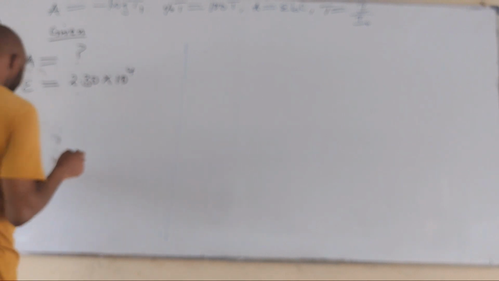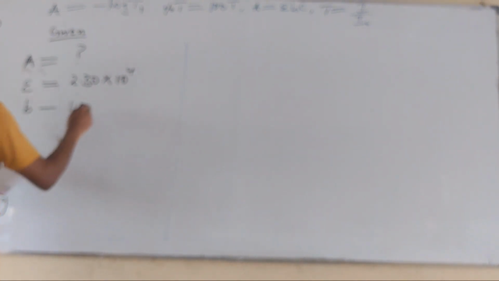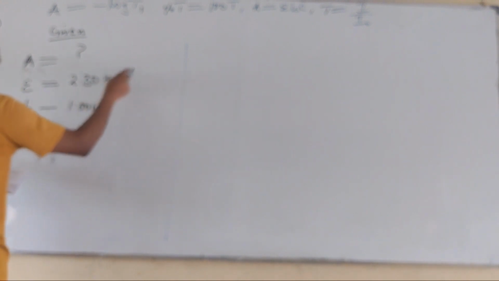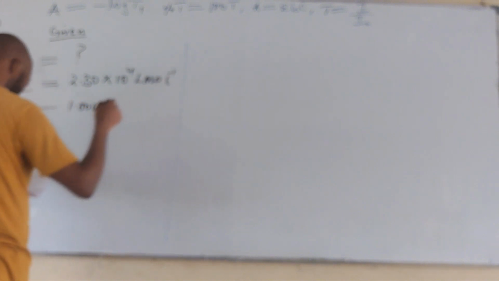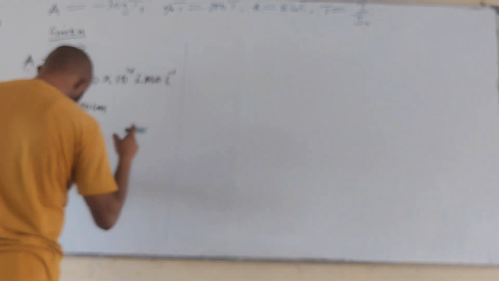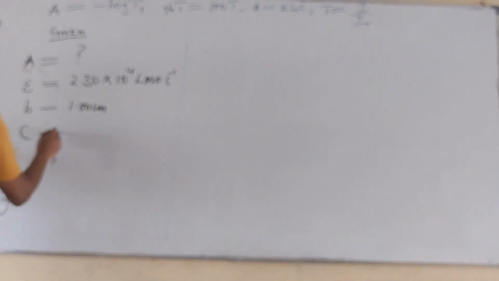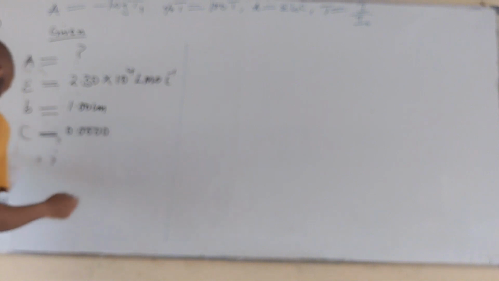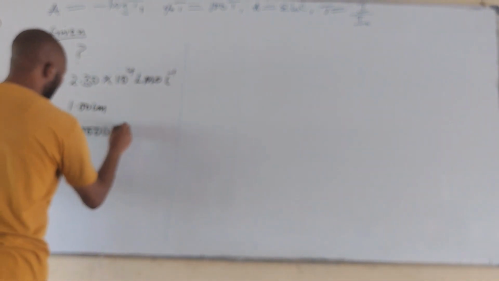The path length is B, 1.00 cm. The unit is liters per mole per cm. And the concentration is given to be 0.0000453.